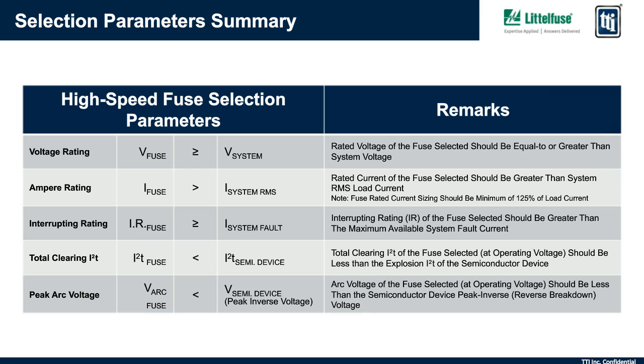But at that point, other application parameters should be considered, such as ambient temperature, cyclic load currents, cooling systems, conductor size, system frequency, regenerative loads, and more. Details regarding these parameters and how they impact the fuse selection can be found in the High-Speed Fuse applications guide.